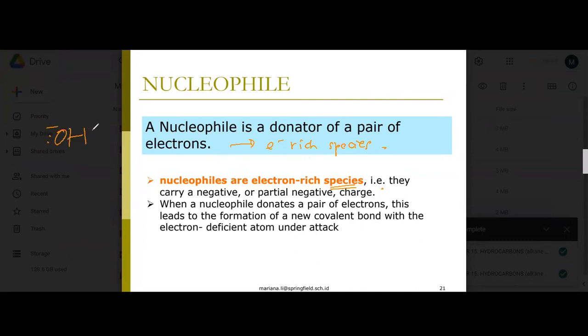It can act as a nucleophile since it has lone pairs. Or it can be a neutral molecule such as H2O. So a nucleophile is not only an anion, but it can be a neutral species, but it should have a lone pair to donate.